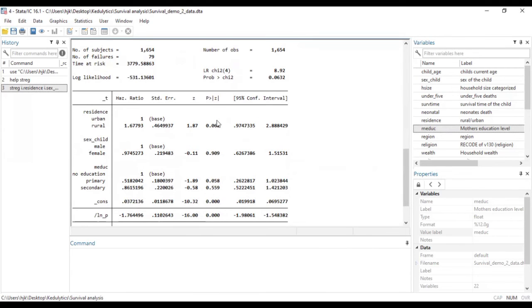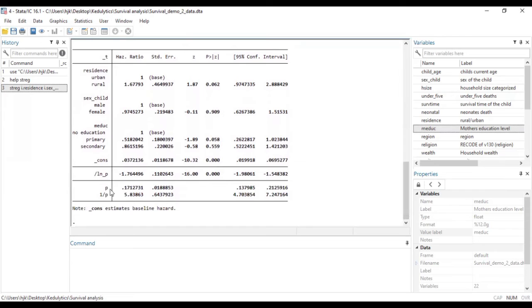And so we can draw three conclusions from what we have in here. But our main focus is going to be on these values, this p and then the 1 over p values. What we have here is 5.838. Generally, when you realize that this value is higher, then it means that this p will be lower. And the lower this is and the higher this one is, it indicates that the event of interest occurs relatively slower over time.